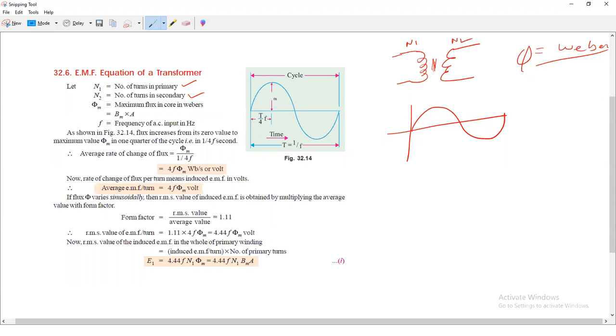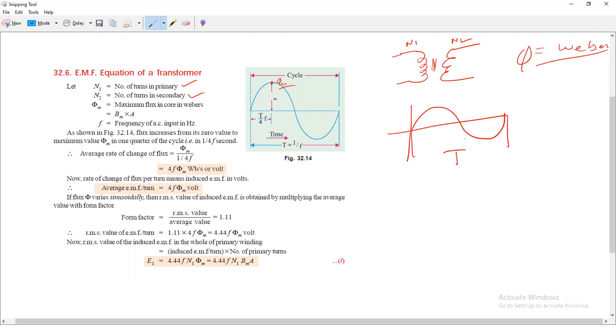You know that our voltage increases and decreases 50 times in 1 second. So this point is the maximum flux, and this is the frequency. This is one full cycle, from this point to this point is one time period.